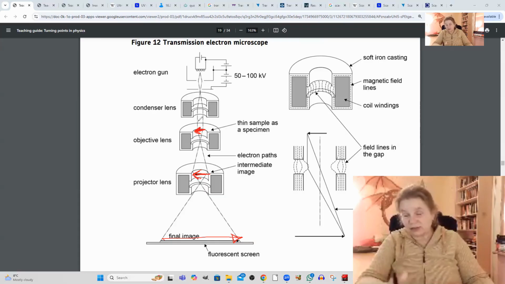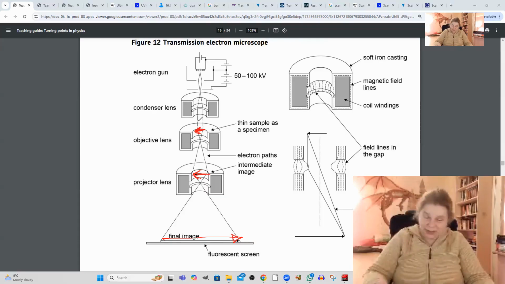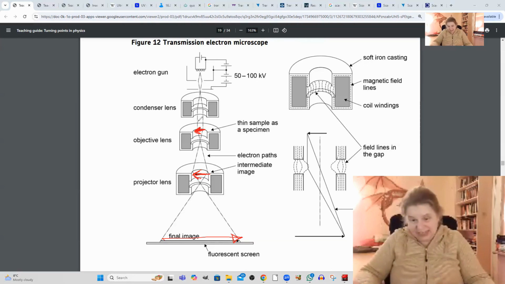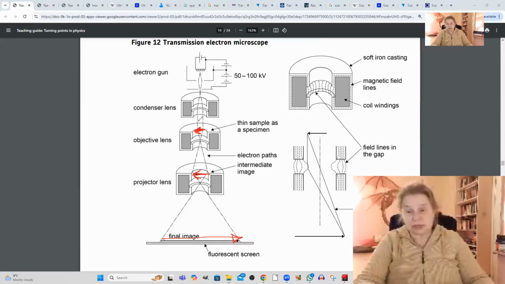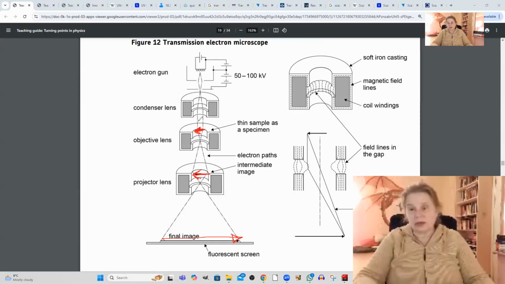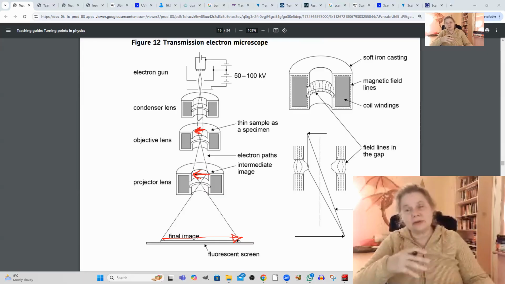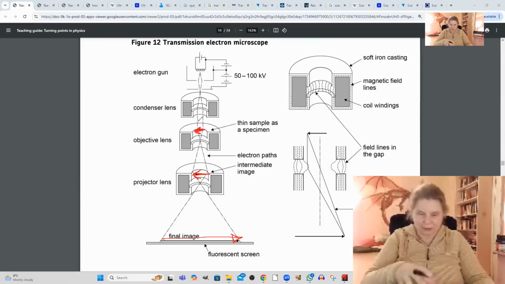And you can see that it's really complicated. You've got a condenser lens and an objective lens and a projector lens. In most transmission electron microscopes, everything is controlled except for very high level control that a technician might have.